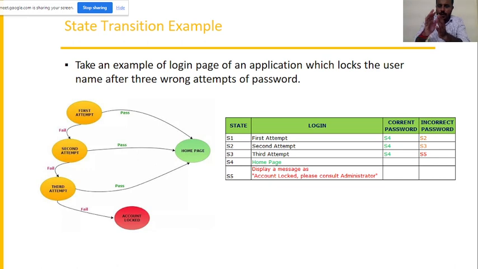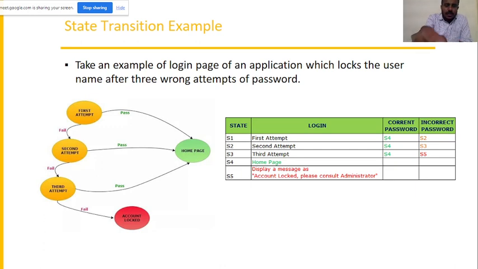If you take any application, for security reasons, after a certain number of wrong attempts of password or username, the account will automatically get blocked. Okay, understood now? Yes, sir.